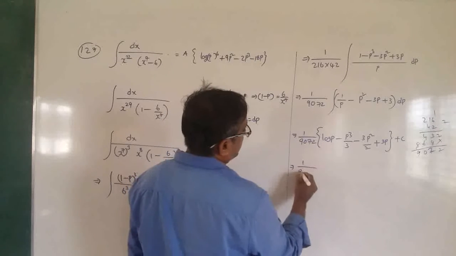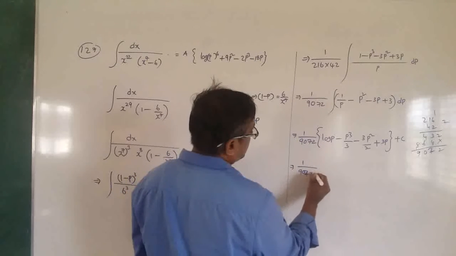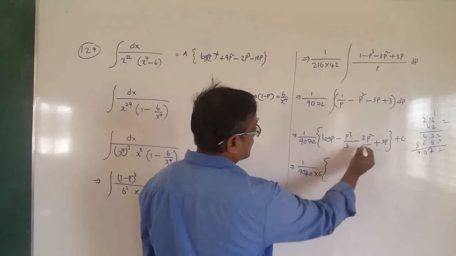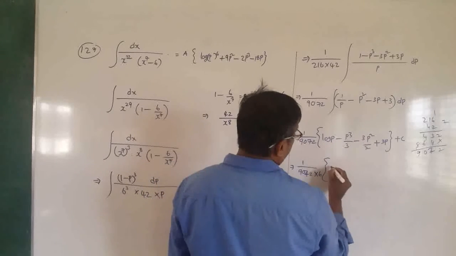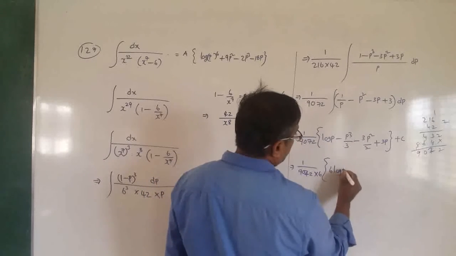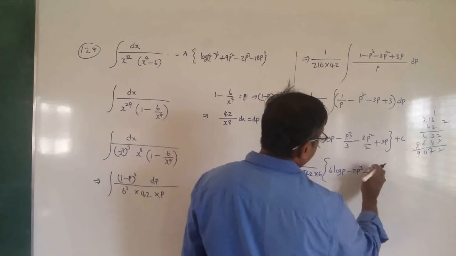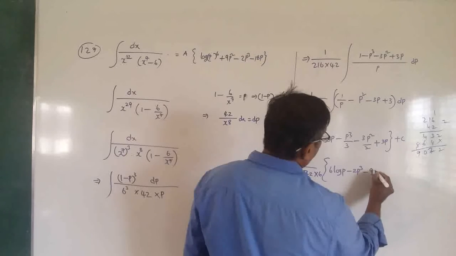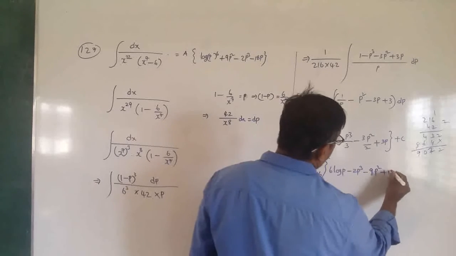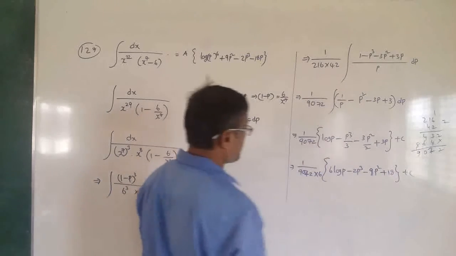So 1 by 9072 into 6. LCM is 6. 6 log p minus 2p cube minus 9p square plus 18 plus c.